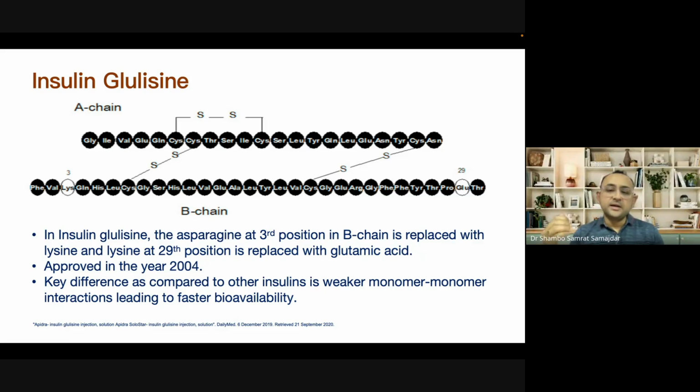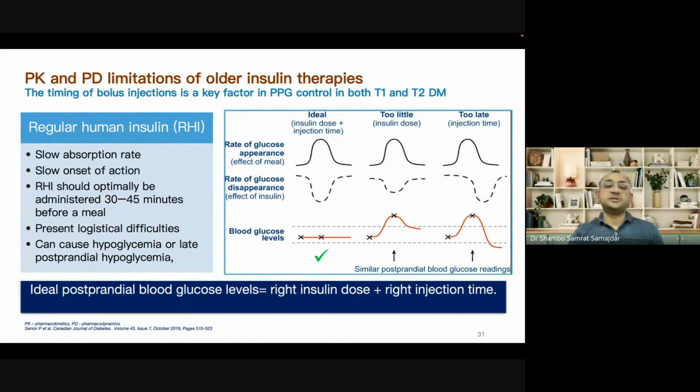So what are the important points here? The key difference as compared to other insulins is weaker monomer-monomer interactions that lead to faster bioavailability. And if we want to understand regular human insulin, the timing is very important. We should tell our patient that regular human insulin needs to be administered 30 to 45 minutes before a meal, and it creates logistic difficulties.